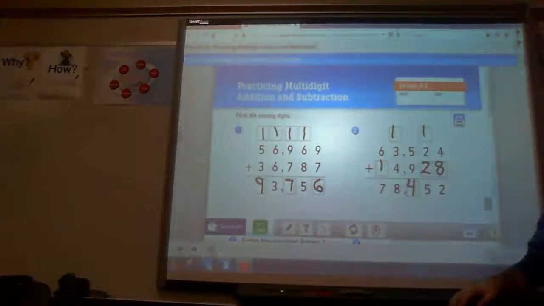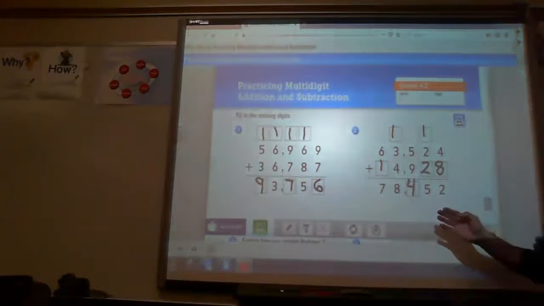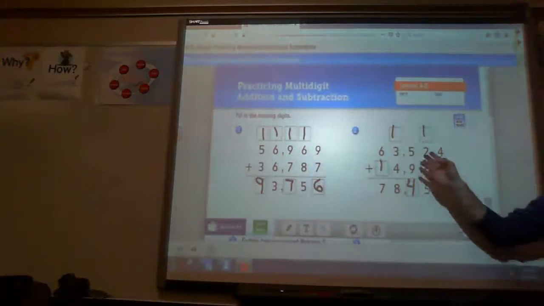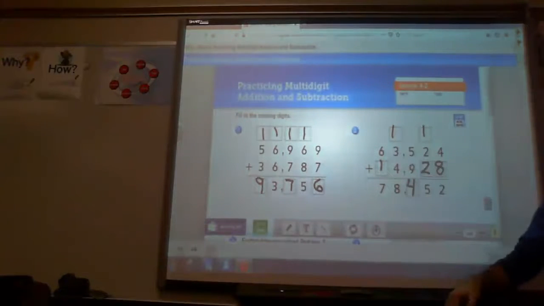Then I added my tens place. I didn't need to regroup. In the hundreds place, I needed to regroup again because 5 plus 9 is 14. I left the 4 because it's 14 hundreds in the hundreds place, and I brought the 10 hundreds to the thousands. Then I could just add the rest of the columns normally.